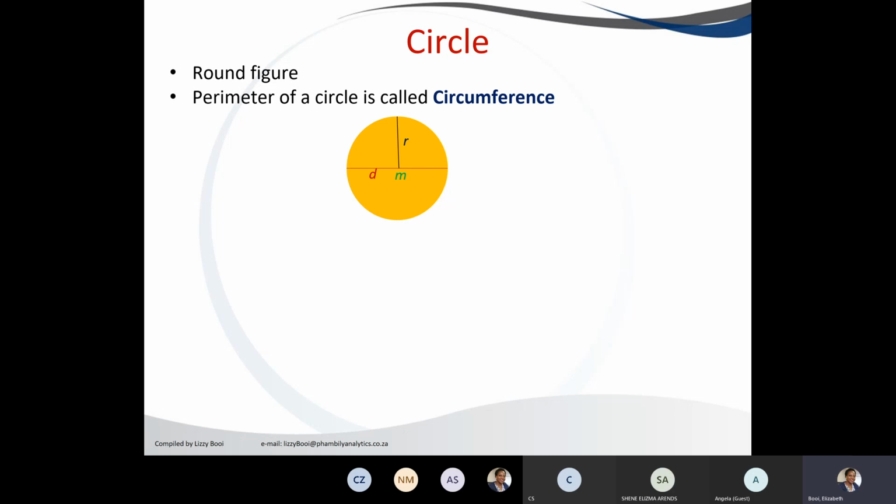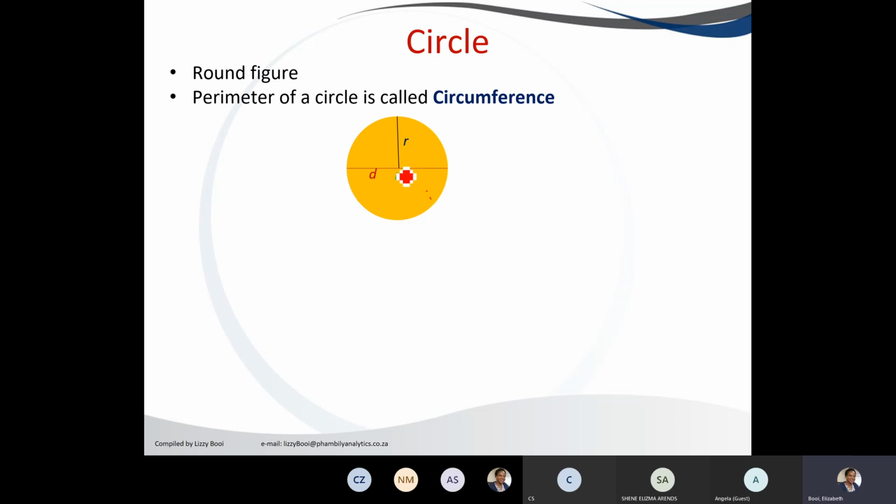For example, if we fold the circle in half, one end of the circle will combine with the other end of the circle. We call that middle part the midpoint. And from the midpoint to the outside of the circle, we call that the radius. So this can be the radius, from this point to that point. Or I can draw a new line and say from this point to that point, I've calculated my radius. And you can do the same anywhere else.